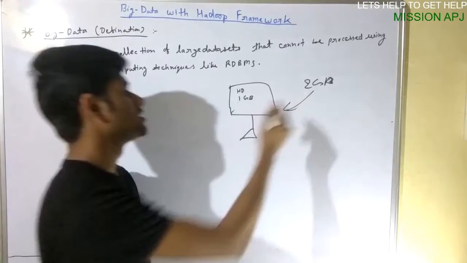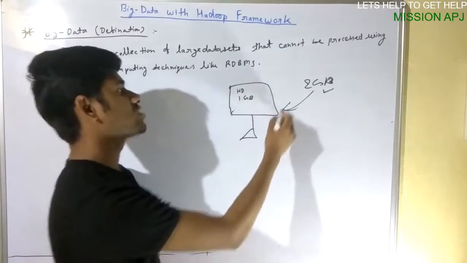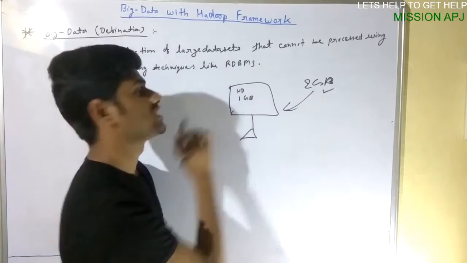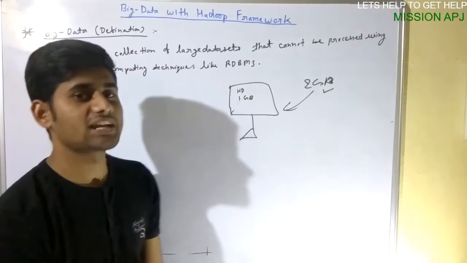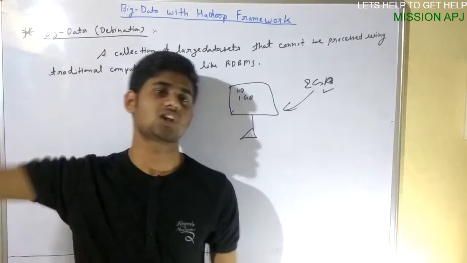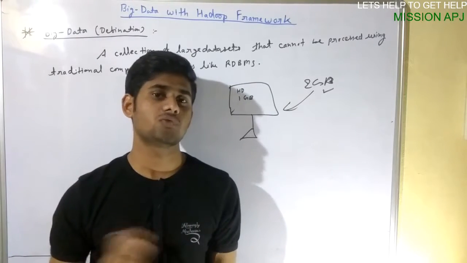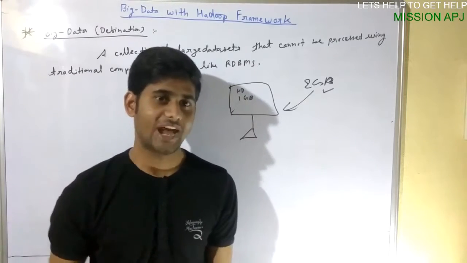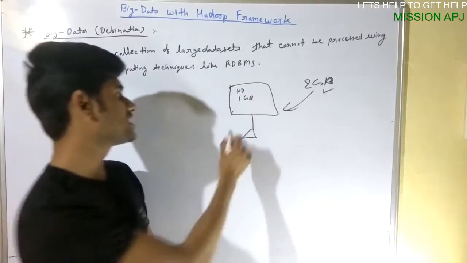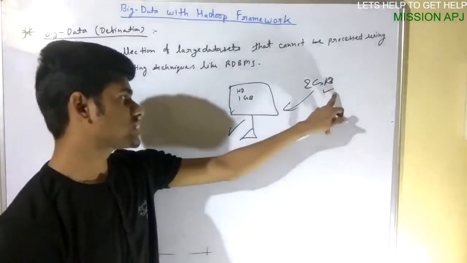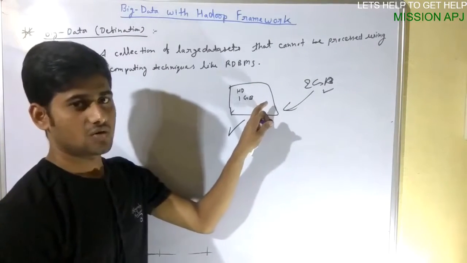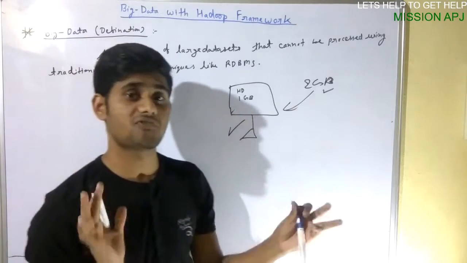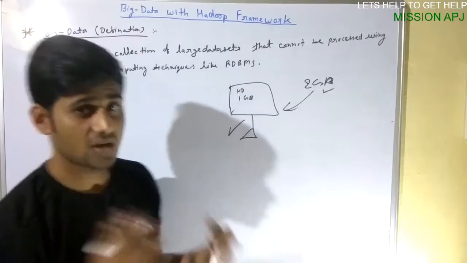No. So this 2 GB of data is also big data for this machine with a 1 GB hard disk. Big data does not always mean trillions of records; it depends on whether you are able to process it on your machine or not. It does not necessarily have to be trillions of GB to be called big data.